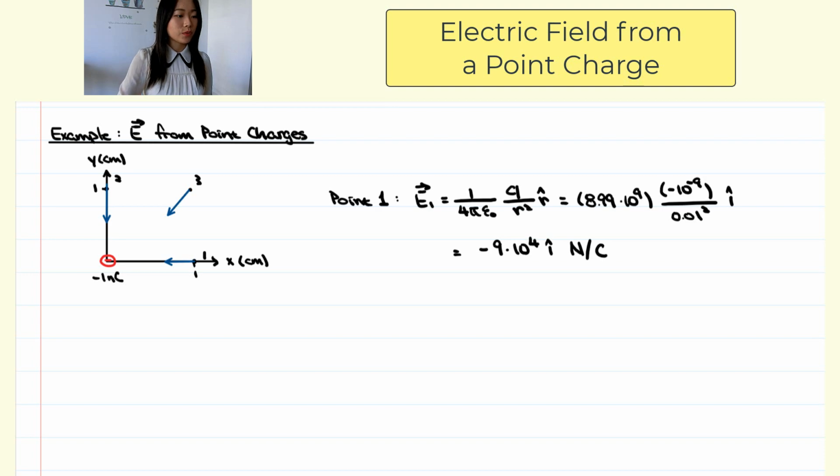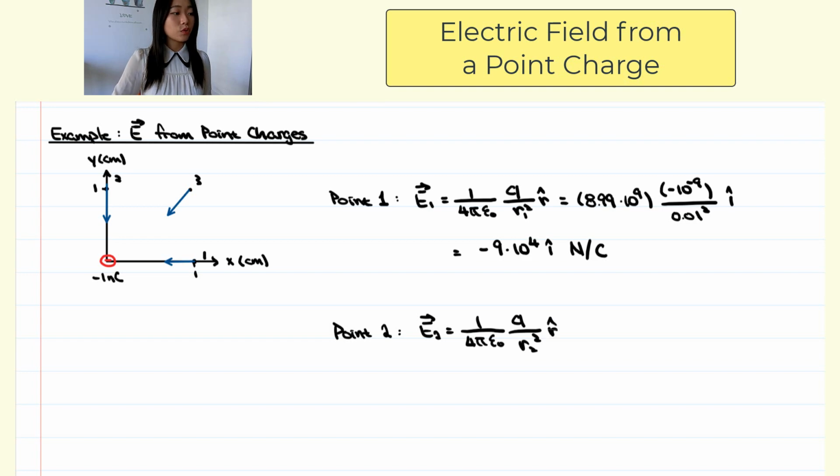How about point 2? The electric field at point 2 would be 1 over 4 pi epsilon naught times the source charge divided by R2 squared times r hat. R2 is also 1 centimeter, so it has the same magnitude as E1.